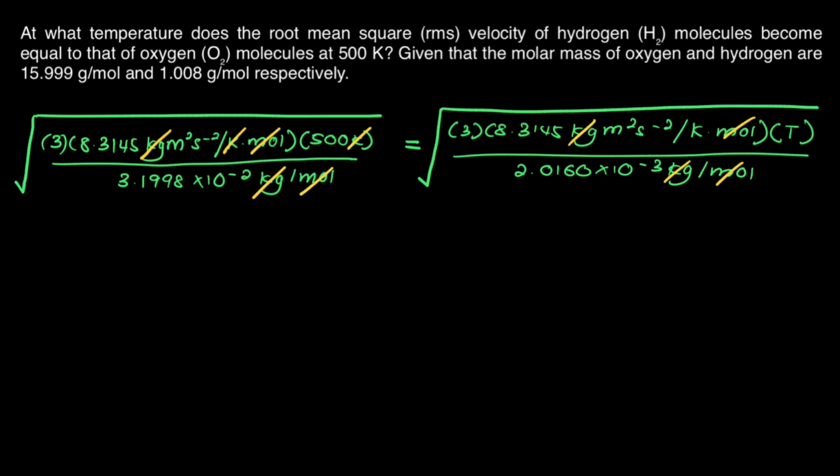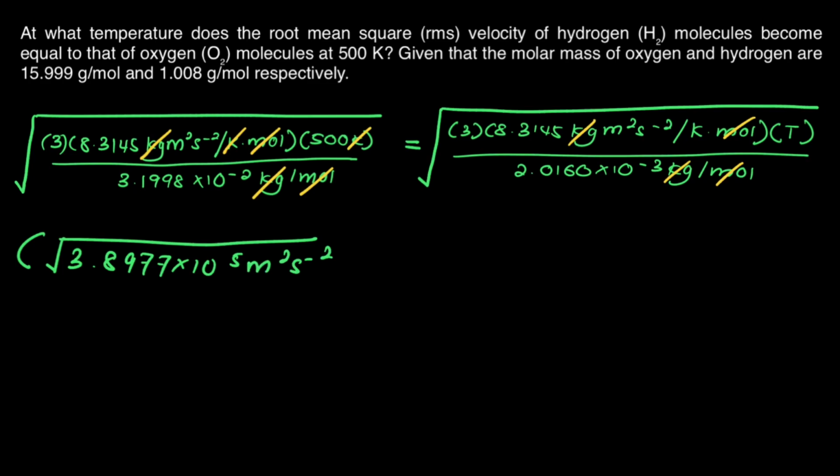Leaving you with the rest of the calculation, which is the square root of 3.8977 times 10 to the power of 5 meters square per second.